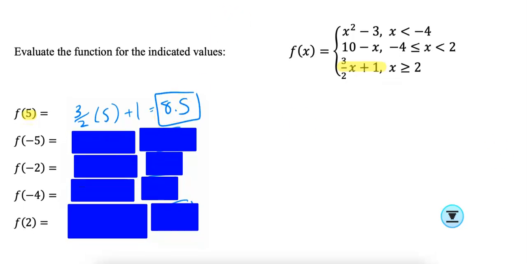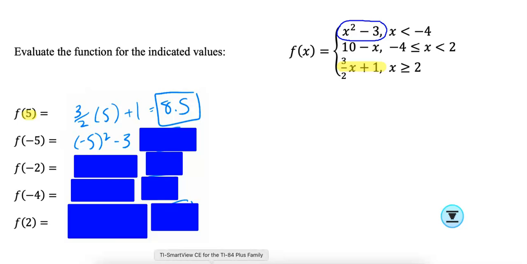Next one, -5 will fall in our first one. So -5 would be less than -4. So I'm going to take -5 and plug it into my first function. The biggest thing when you've got an exponent of 2 is you need to make sure to use parentheses when you are substituting. Otherwise, your calculator is not the brightest at that.